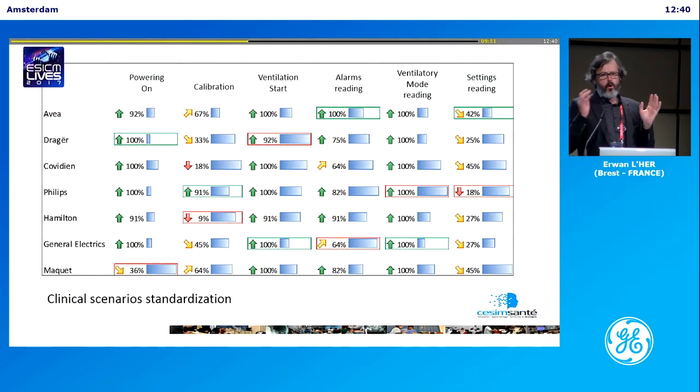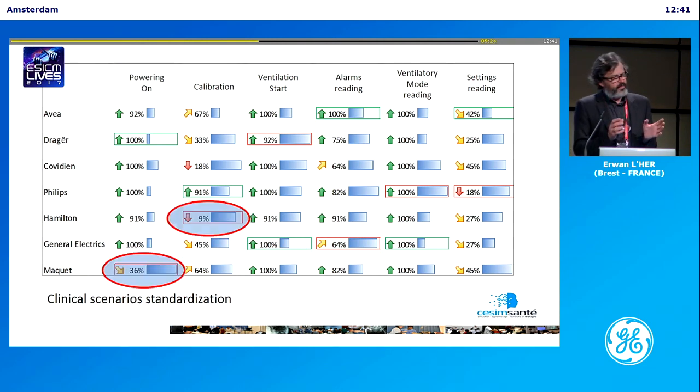Here is the raw data of all the devices that were evaluated. On the left column, you can see the successful achievement of the task, and the blue bar is the time that was required to achieve the task. The devices are at the left, and you can see here the scenario that was to be performed. Depending on the scenario, there were very different ways of achievement for the physicians.